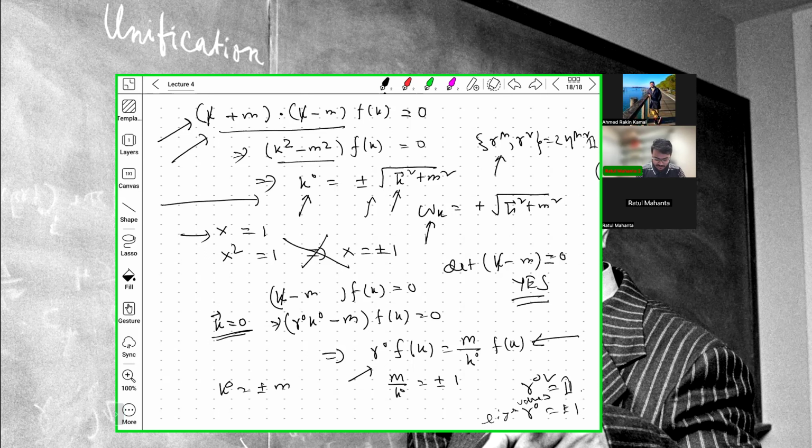So indeed the Dirac equation we are supposed to solve has two solutions, but f(k) are 4 by 1 matrices, and therefore there should be 4 independent vectors, so each value will be doubly degenerate.